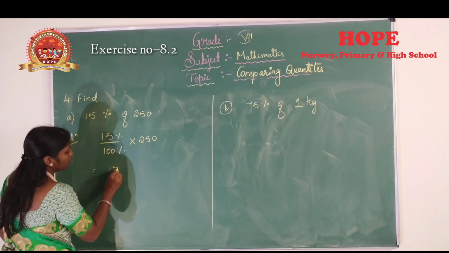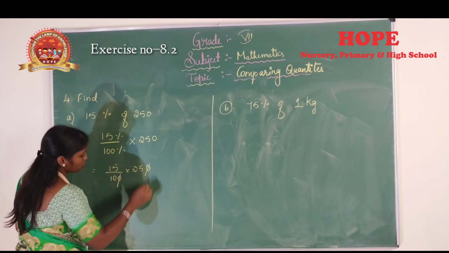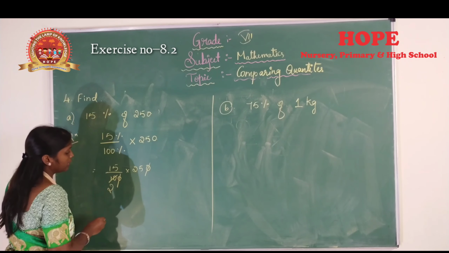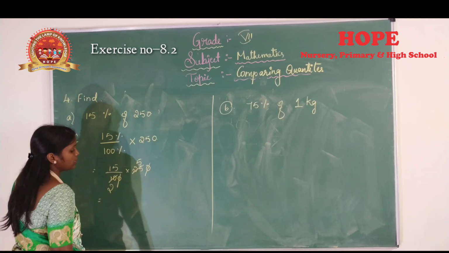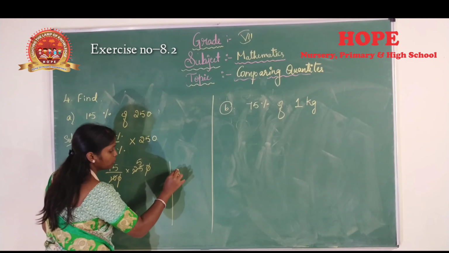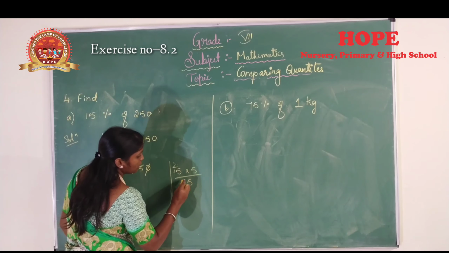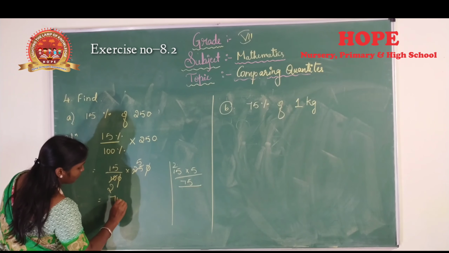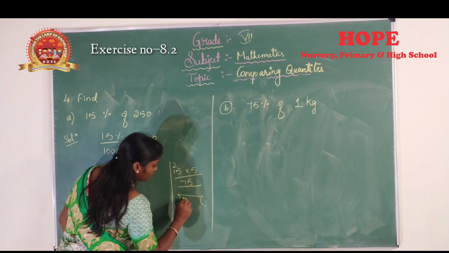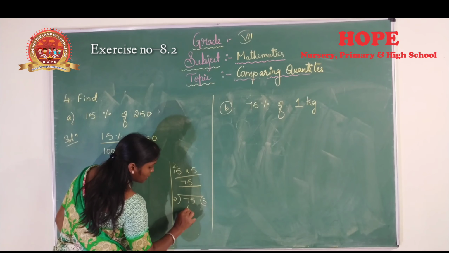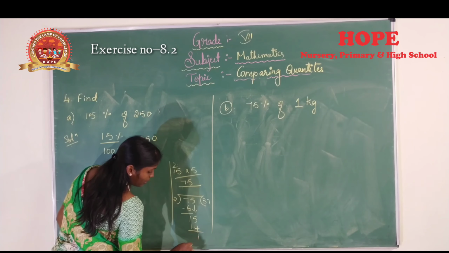When we solve this, it will be 15 by 100 into 250, where we cancel out 2 zeros over here. Then 5 2s is 10 and 5 5s is 25. Then 15 5s, we have to do the multiplication: 15 5s are 25, 5 ones are 5 plus 2 is 7, 75. 75 divided by 2. 2 3s is 6, 1 remains and 5 gets taken down. 2 7s are 14, 1 remains.